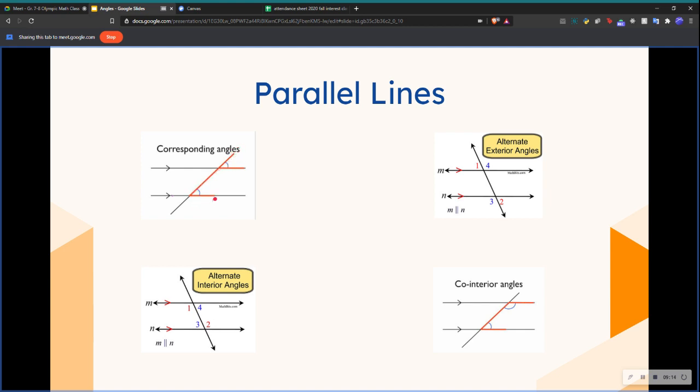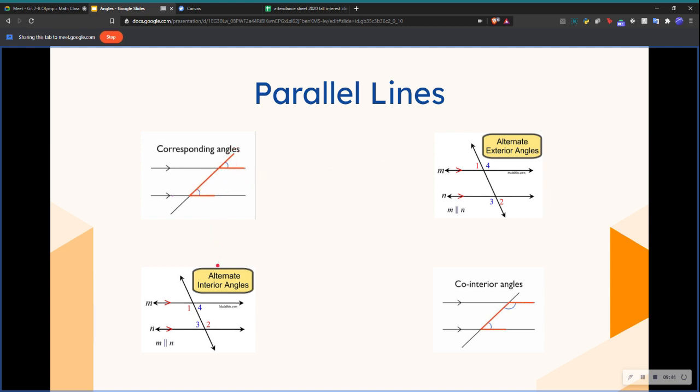Here you have an F formed: this part of the parallel line, this part of the other parallel line, and this part of the transversal. You see where the angles are located. They're kind of vertically opposite. So this angle here would be equal to this angle over here. This is what corresponding angles are, right?